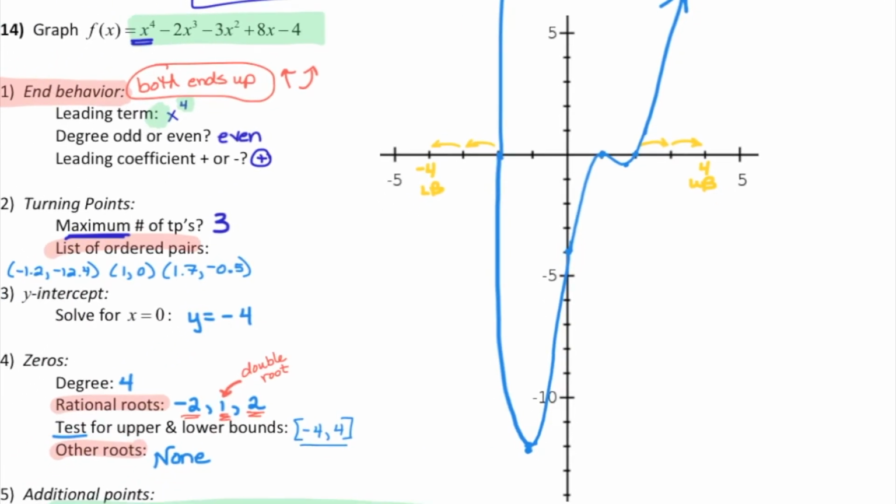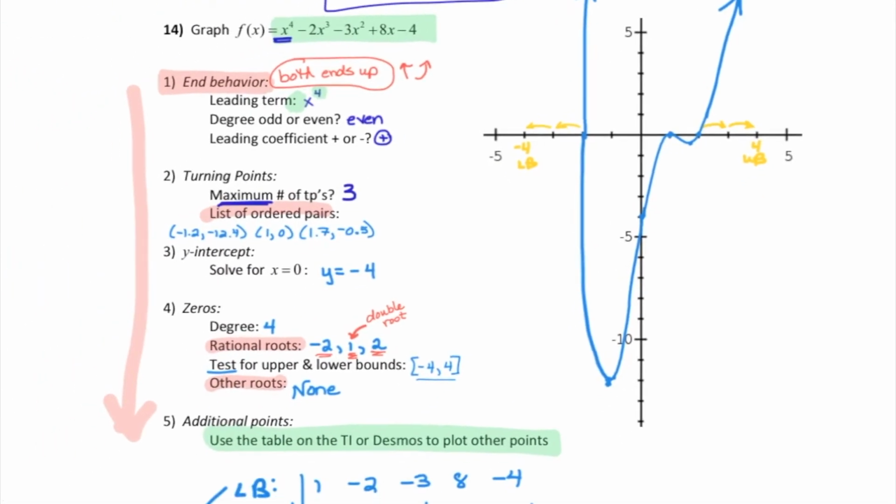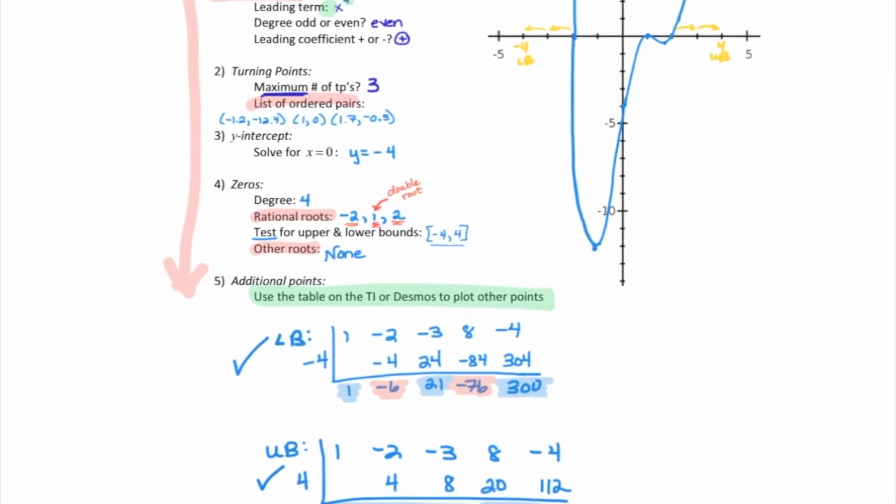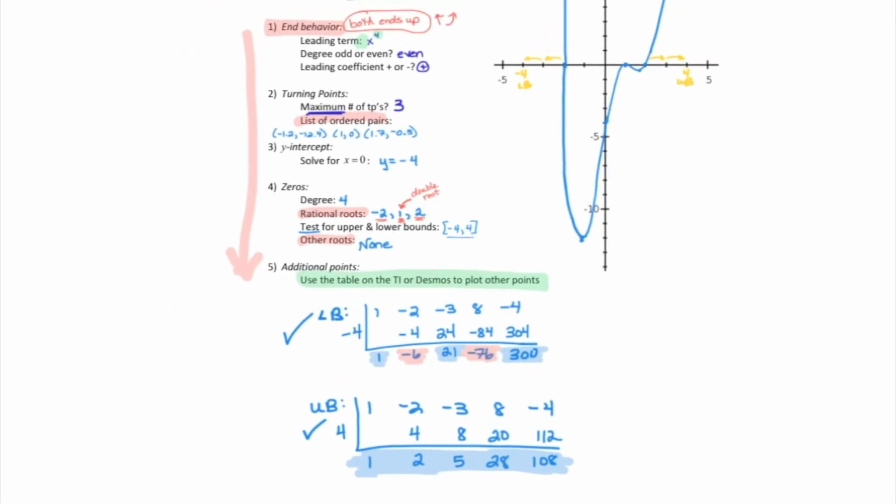And hopefully your graph looks more or less like this. There's all those answers that you wanted. And then here's the entire page for you.